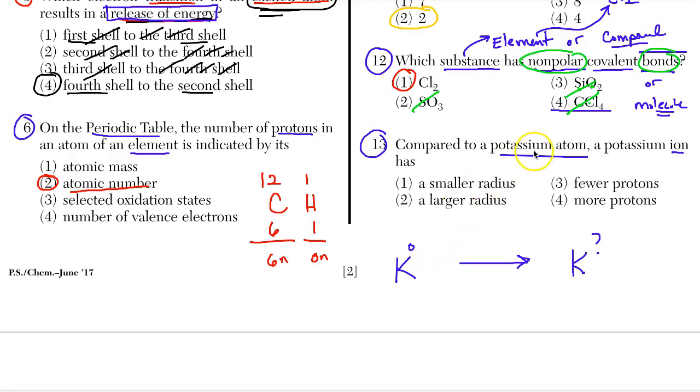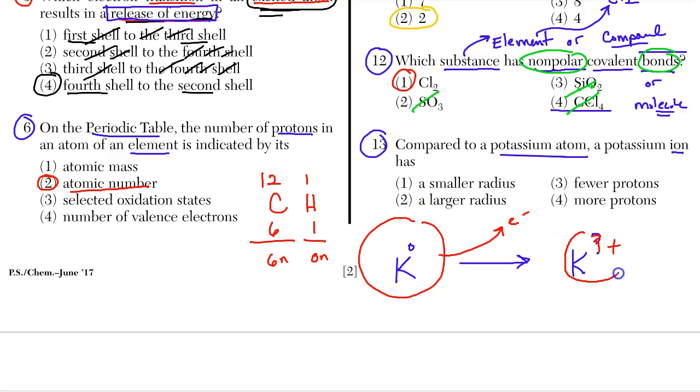So when a potassium atom becomes positive, and it's important to know that, in order for it to go positive, like all metals, it loses an electron, it oxidizes. Losing electrons is oxidation. Now, when it loses an electron, it's going to get smaller. Why would it get smaller?